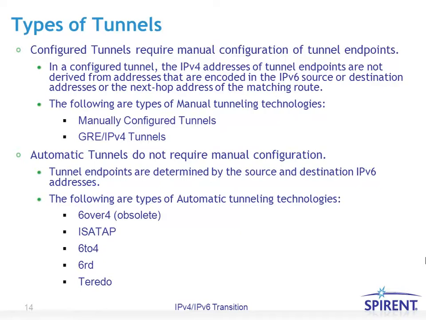There was a previous but obsolete mechanism called 6over4, which assumed that the IP version 4 network that we were tunneling across supported multicast. And as we know, the global internet doesn't, and a lot of intranets don't either. So that particular technique is obsolete. ISATAP we'll cover later, as well as 6to4, 6rd, and Teredo, which are other examples of automatic tunneling technologies.